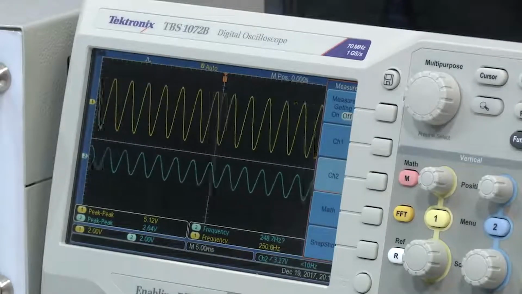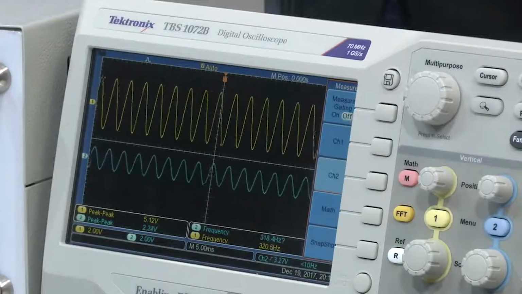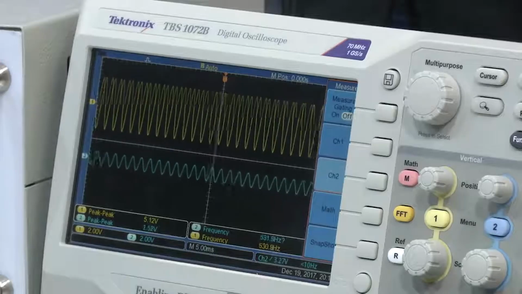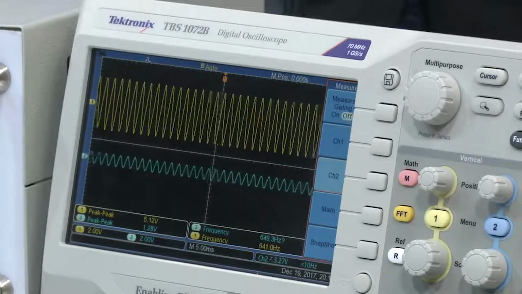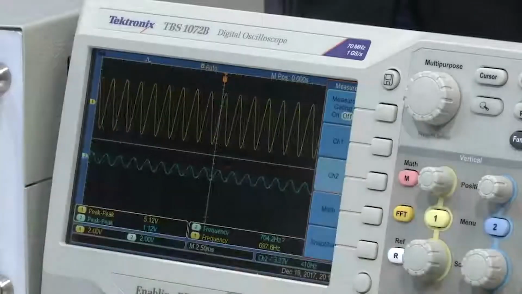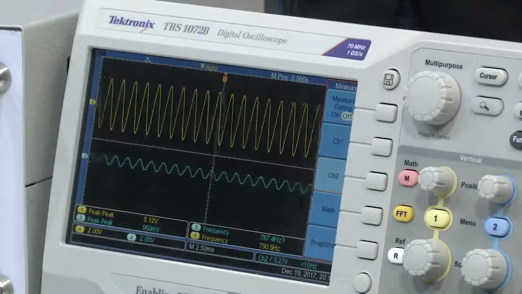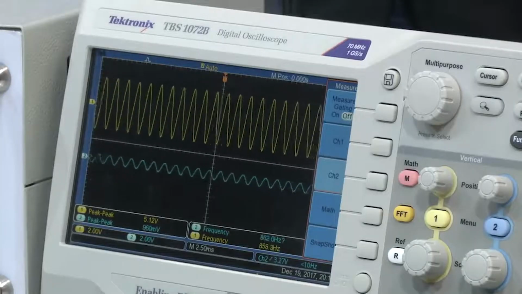You see, slowly and gradually, as you go on increasing the frequency, the amplitude at the output of the RC is continuously decreasing, and you can see the peak to peak amplitude for the 5 volts input is 1.04. That means now it is creating a problem for the signal to pass.